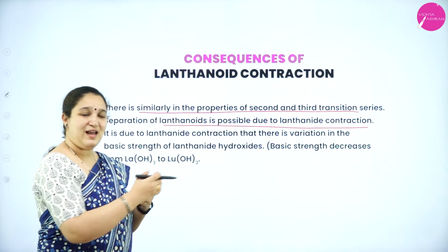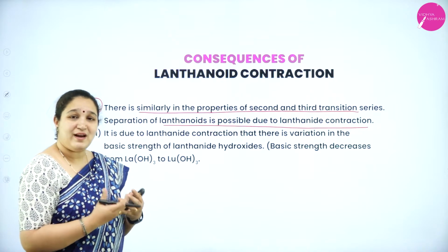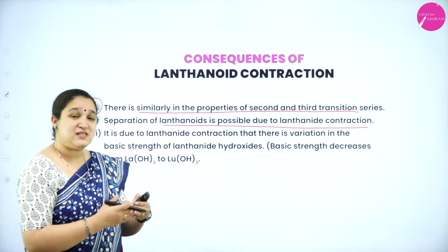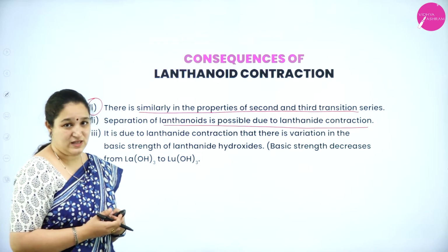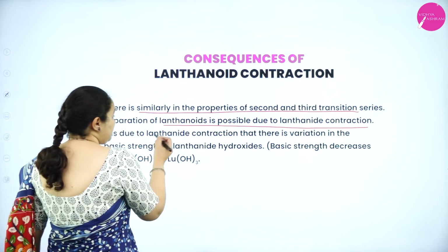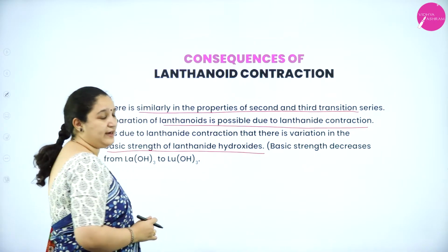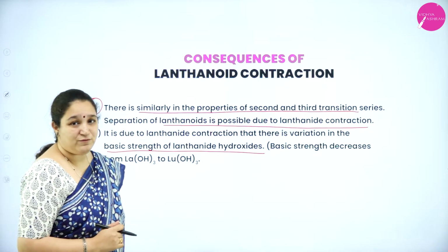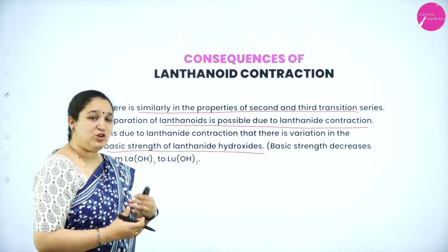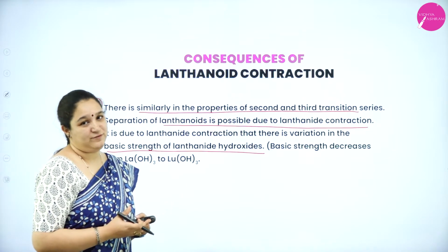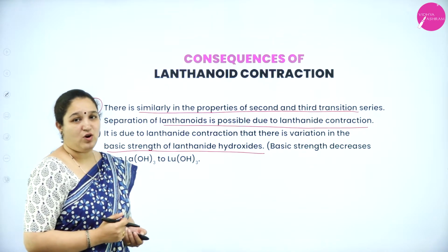They can be separated easily because they have different atomic sizes. Thus, all the 14 elements can be separated very easily. Also, due to lanthanoid contraction, the basic strength of lanthanoid hydroxides is different. That is, as the atomic size is different, the basic strength of their hydroxides is also different. Okay, so these are some of the consequences of lanthanoid contraction.